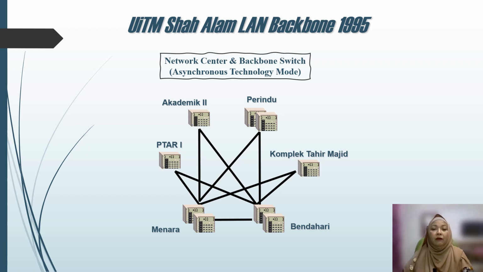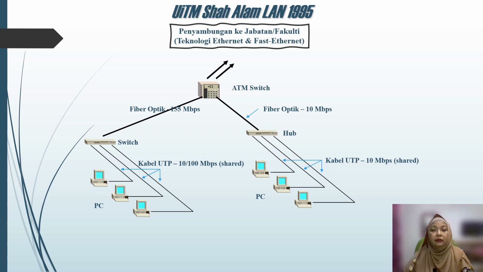We have 6 centers and some redundant equipment based on ATM technology. So these are the backbone switch, and this is the switch that connects to the backbone switch, connected to other smaller workgroup switch to users. Okay, so this is the basic architecture.